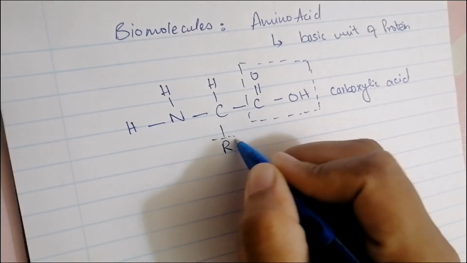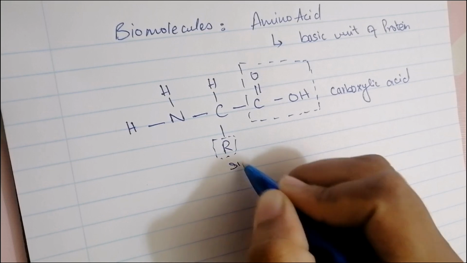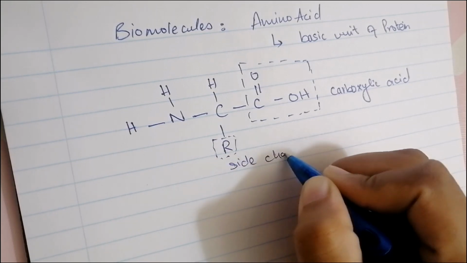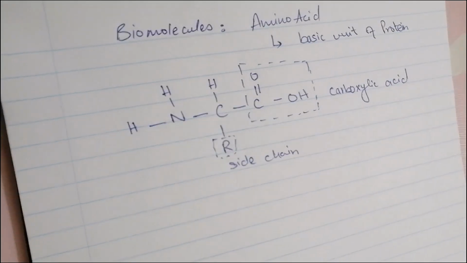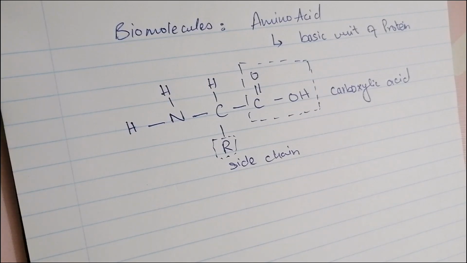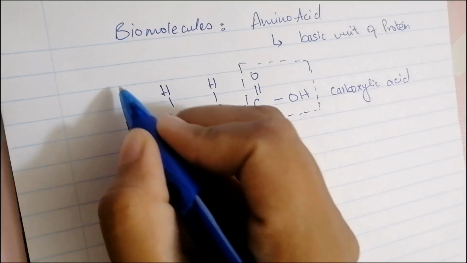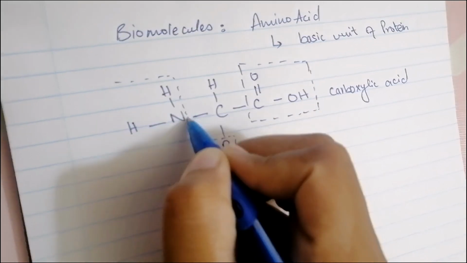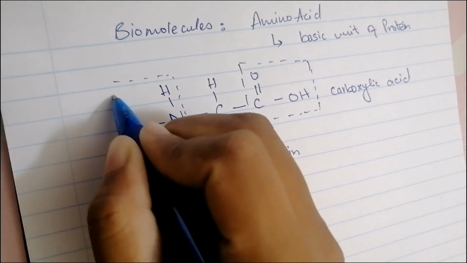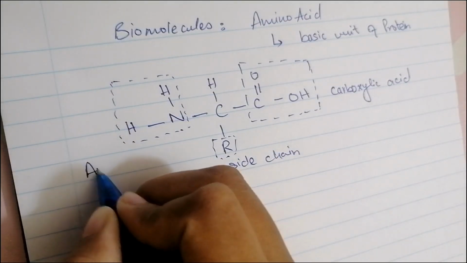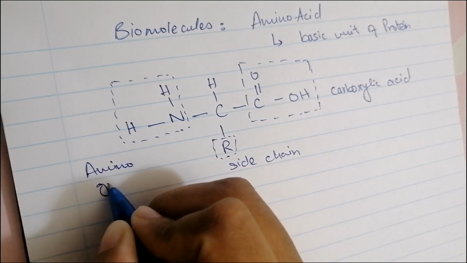Then R represents your side chain. It can be a variable side chain depending on the type of amino acid. And then we have NH2. This is your amino group.